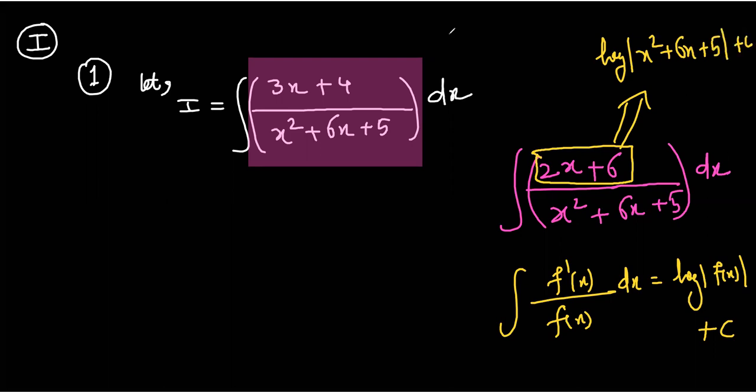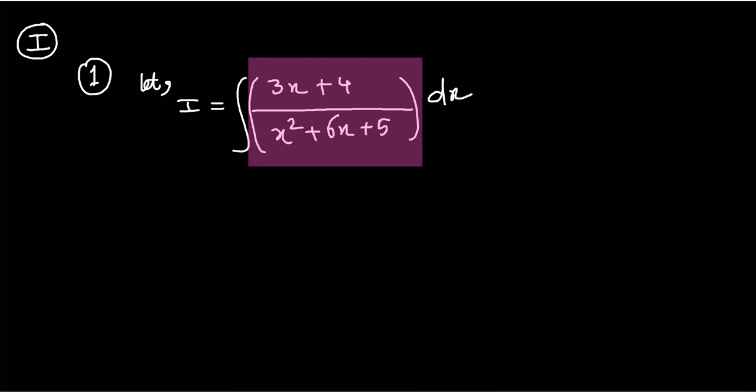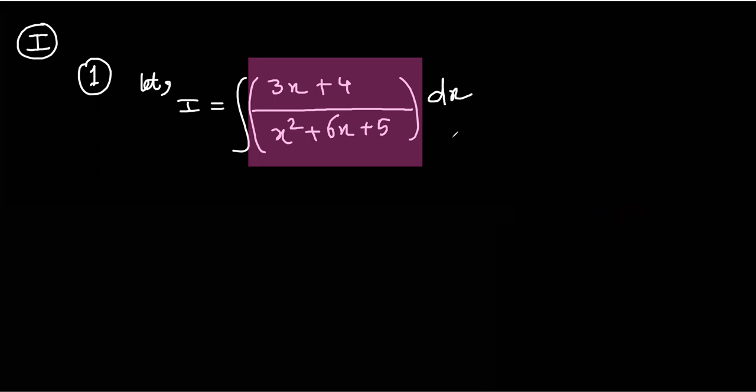Now I ask you, do I have a ready-made result working for this linear upon quadratic? From lecture number 1 till this lecture number 15, we have got so many results. But is any result working here directly which will help me write the integration in one step? The answer is no. So what should I do? Transformation.